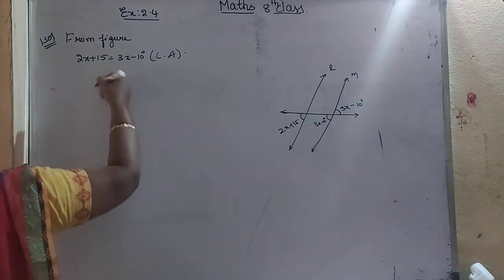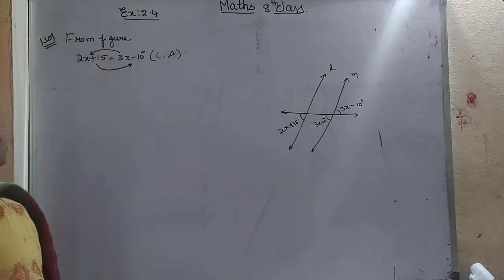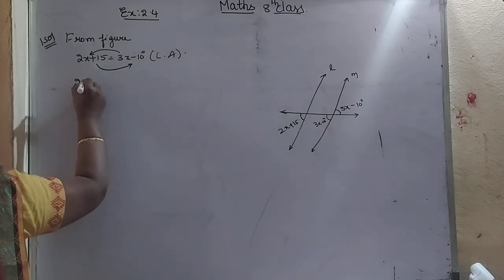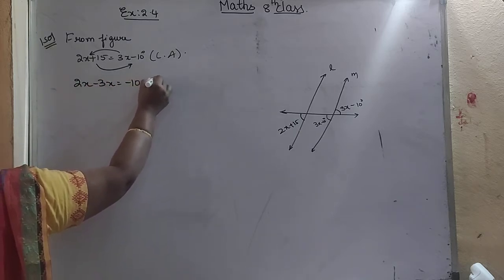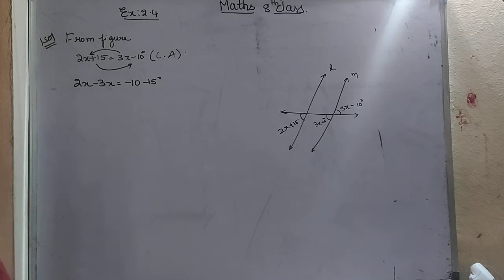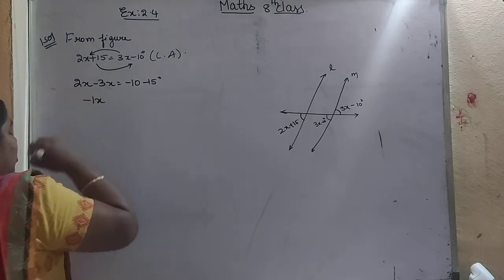Okay, so now transpose the terms. Now 3x you transpose this side and plus 15 to other side. So 2x minus 3x is equals to minus 10 minus 15. So 2x minus 3x, that is 2 minus 3 is what? Minus 1. From a smaller number we are subtracting the bigger number, so the answer will be negative.